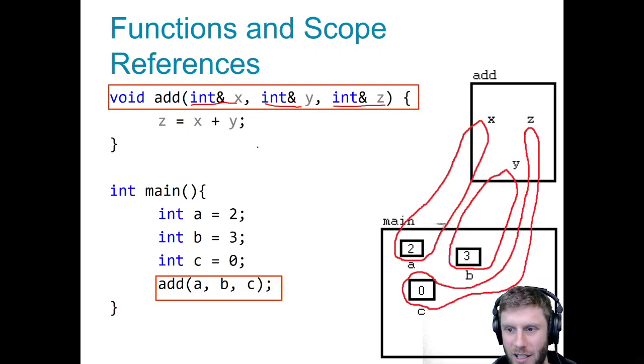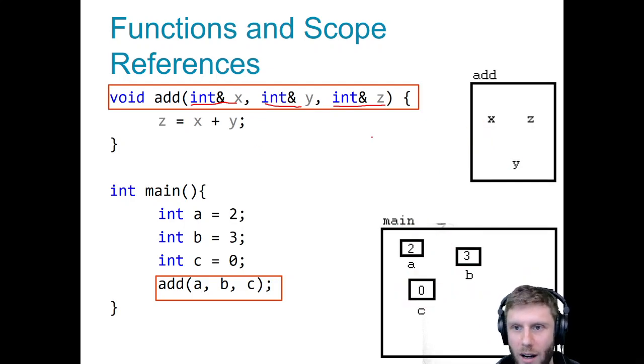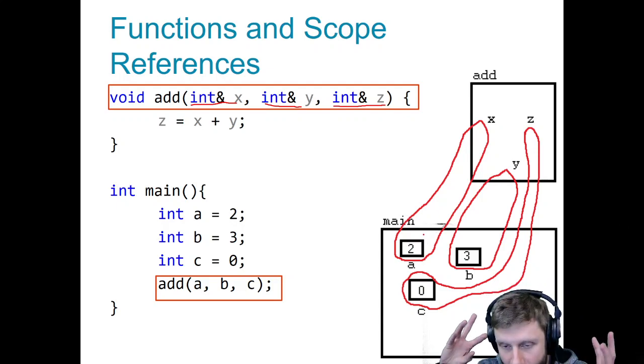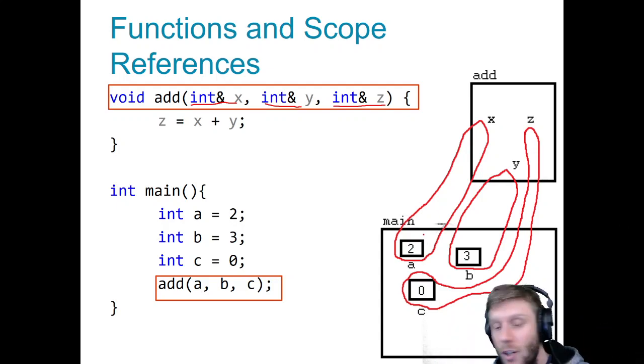I create X, Y, and Z. And they actually mean A and X are the same thing. B and Y, they're the same thing. And C and Z, they're the same thing. They are the exact same chunk of RAM. So when you modify it through one of the names of the variables, it's going to modify that one chunk of RAM.